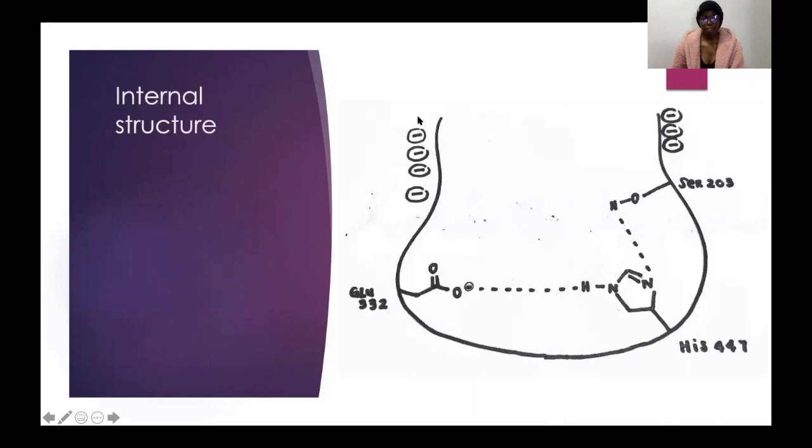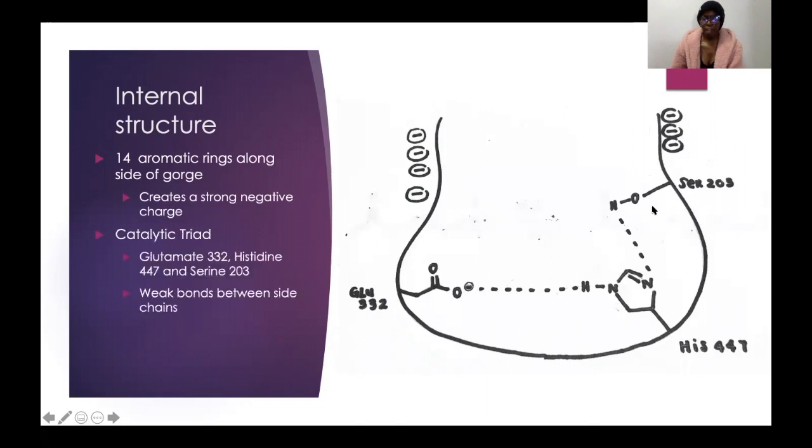So here we have a depiction of a drawing that I did of the internal structure of acetylcholinesterase. So basically this line here is just going to represent the polypeptide backbone that keeps these 3 amino acids together. And over here we have all of the negative aromatic rings that line the side of that gorge that create that really, really strong negative charge.